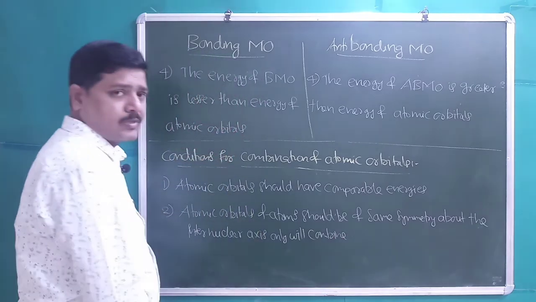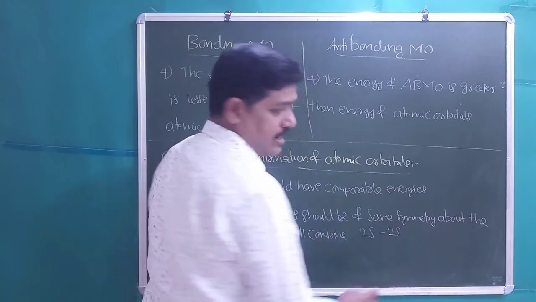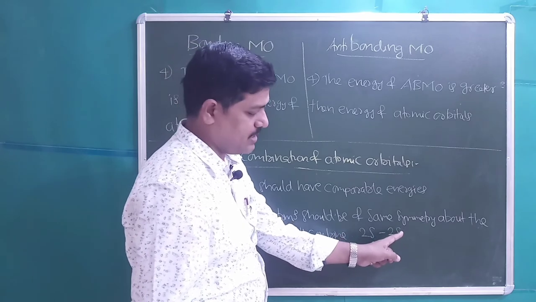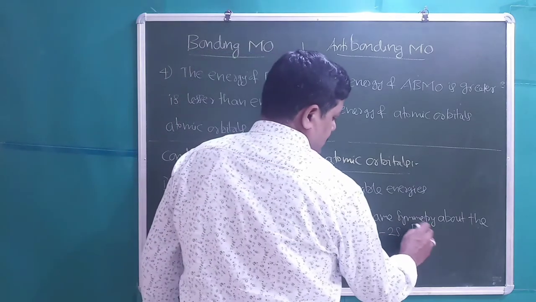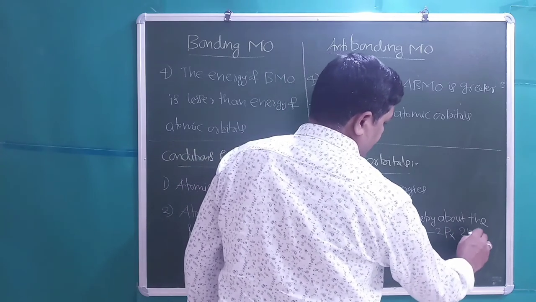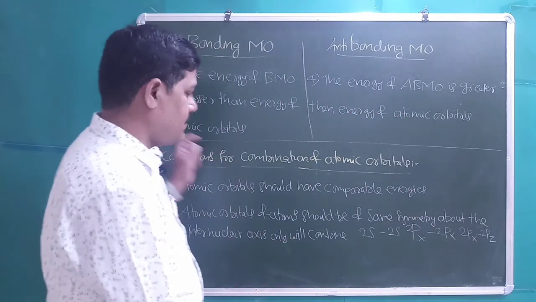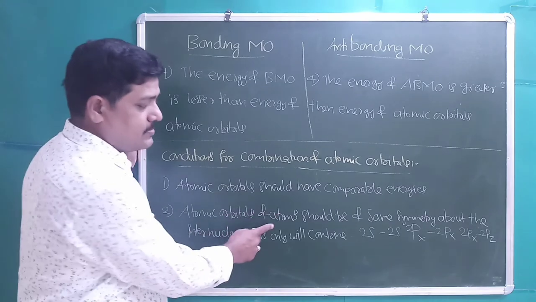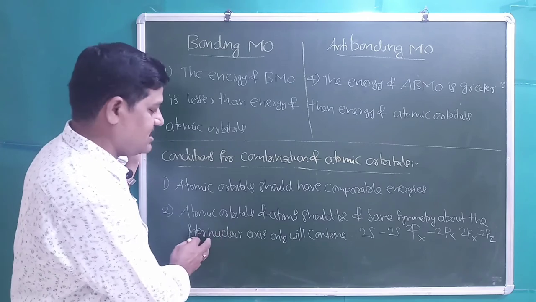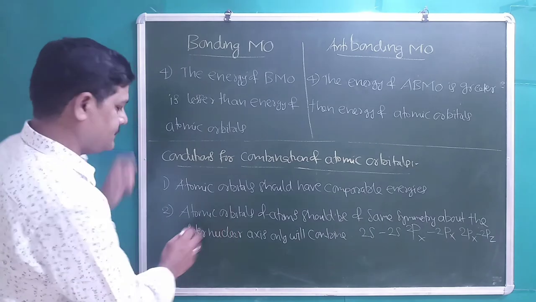Students, that means 2s can mix with the 2s of the other atom. 2px can mix with 2px, but 2px cannot mix with 2pz. Atomic orbitals of the same symmetry about the internuclear axis only will combine to form molecular orbitals.